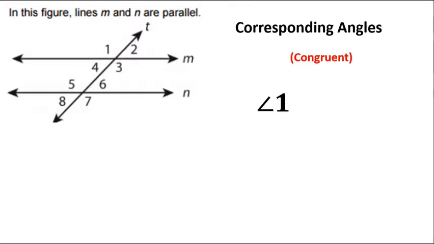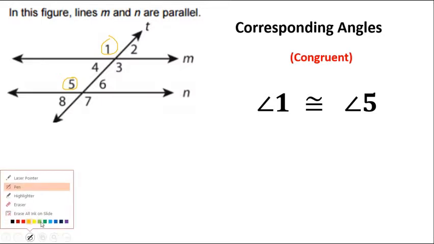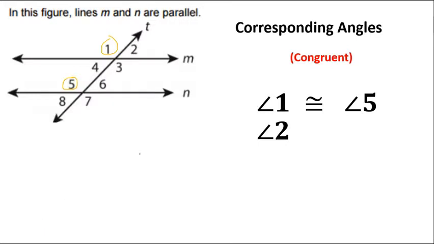So first of all, angle 1 corresponds or is congruent to angle 5. So these go together. Okay, the next one's angle 2. So angle 2 goes with angle 6. And we have 2 more pairs.